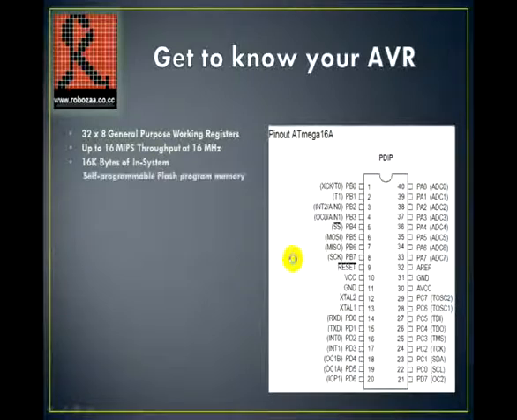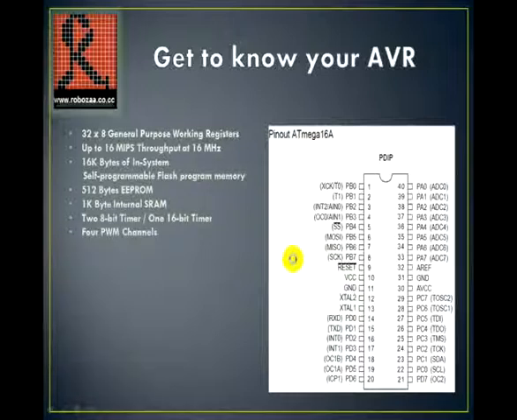It has 16 kilobytes of in-system self-programmable flash memory, 512 bytes of EEPROM, and 1 KB of internal SRAM. There are 2 8-bit timers, 1 16-bit timer, and 4 PWM channels. There is a 10-bit, 8 channel ADC. Port A basically works as an ADC besides general purpose IO.